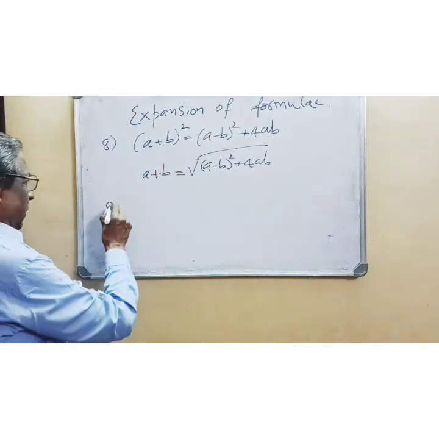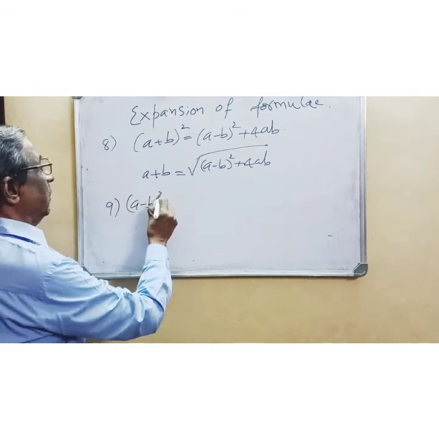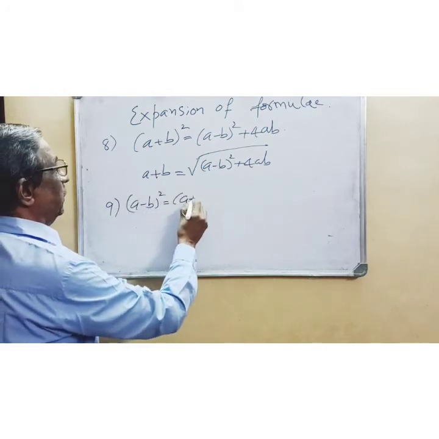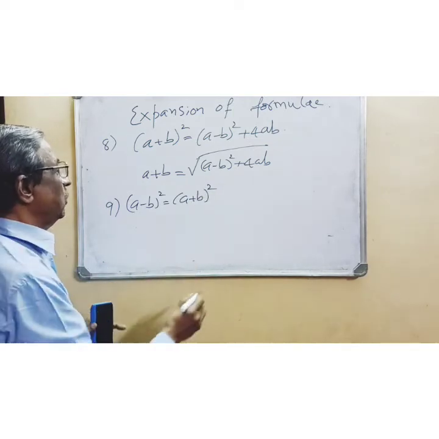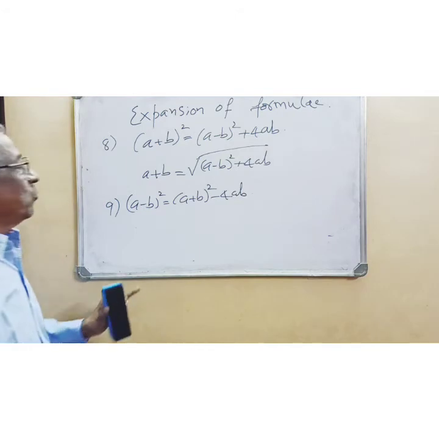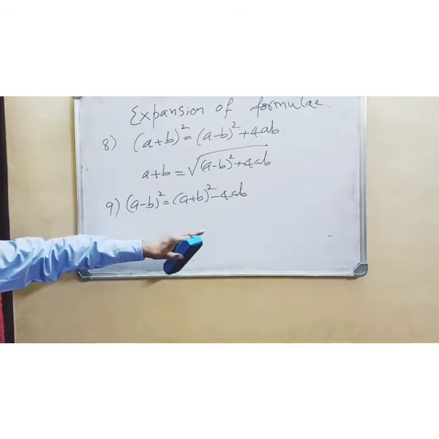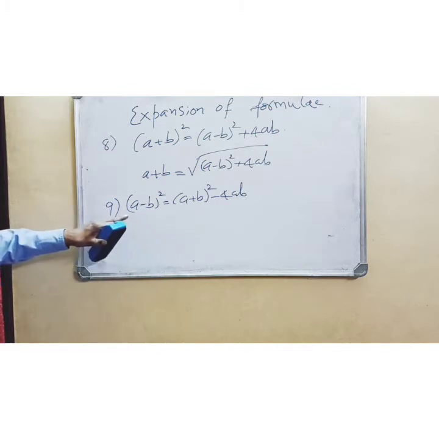Similarly, a minus b bracket square is equal to a plus b bracket square minus 4ab. Plus 2ab, minus 4ab means minus 2ab. That's how it becomes a minus b bracket square.